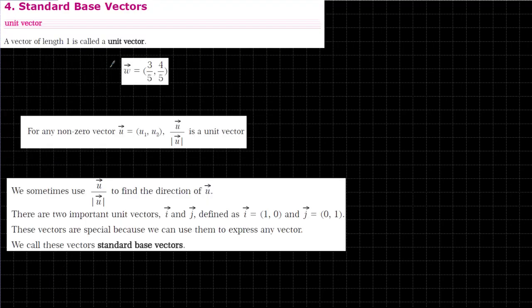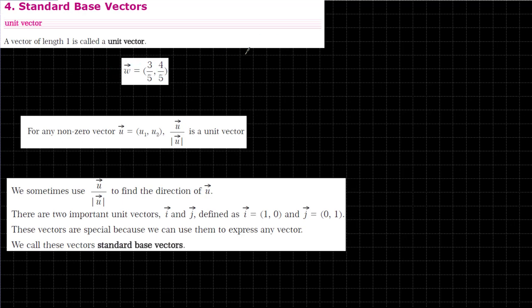Okay, let's continue with the standard base vectors. What are standard base vectors? A vector of length 1 unit is called a unit vector. As an example, W is 3 over 5 and 4 over 5.